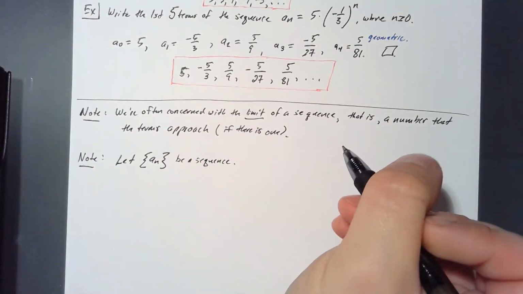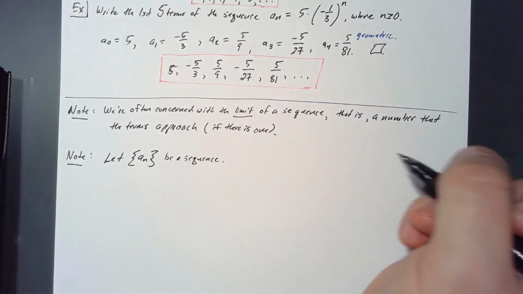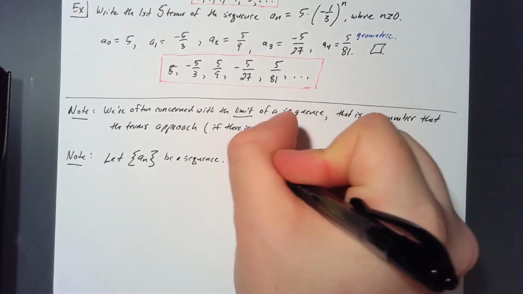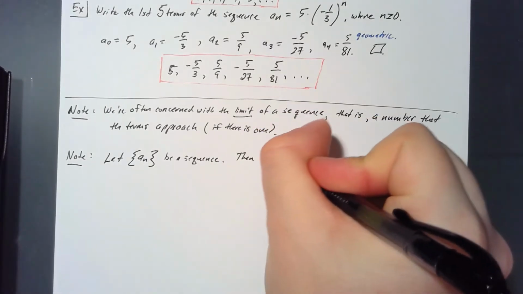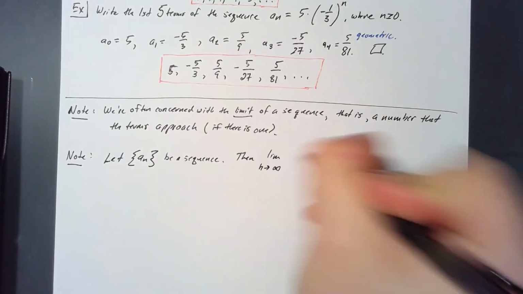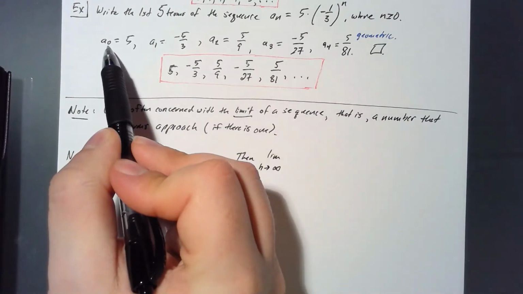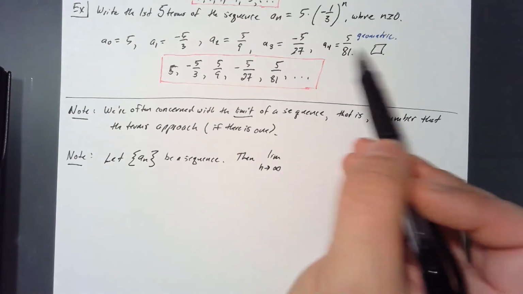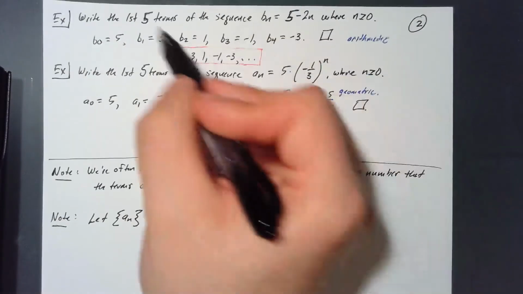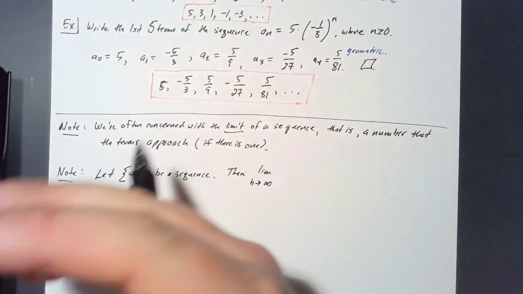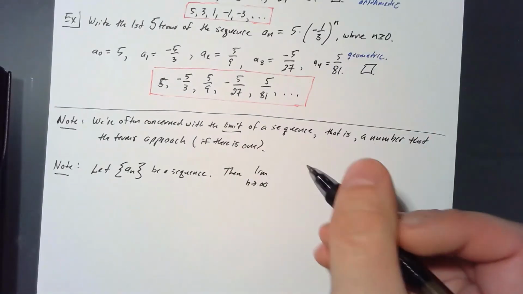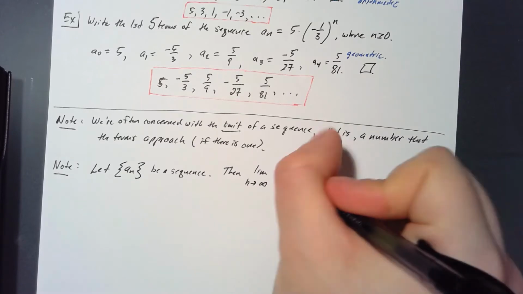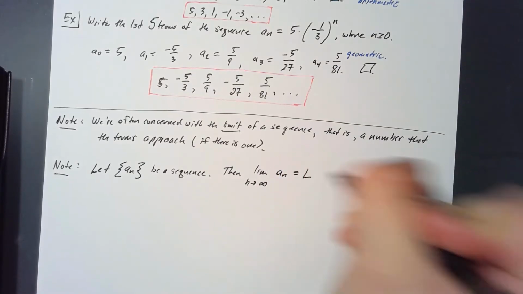All right. Then the limit as n approaches infinity, because the values of n, like the subscript 0, 1, 2, keep going on forever. We could go on as long as we want to. Here I just list the first 5 terms, but I could have listed 100 terms if I wanted to, but that's ridiculous. So the limit as n approaches infinity of my sequence will approach L.